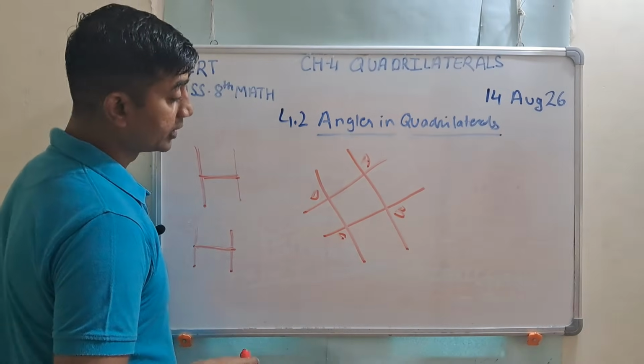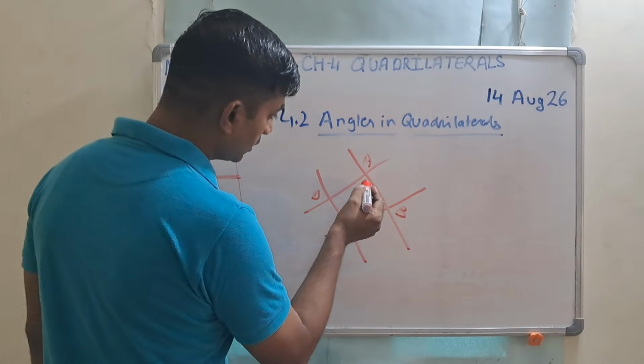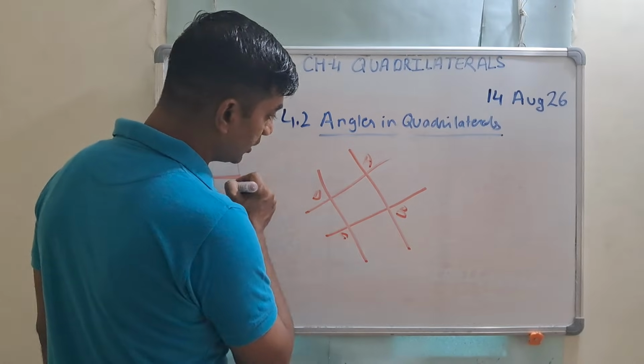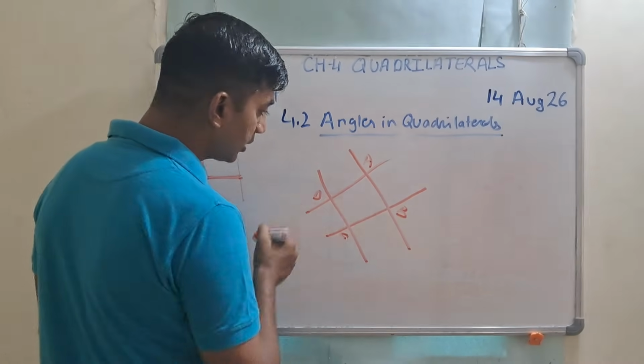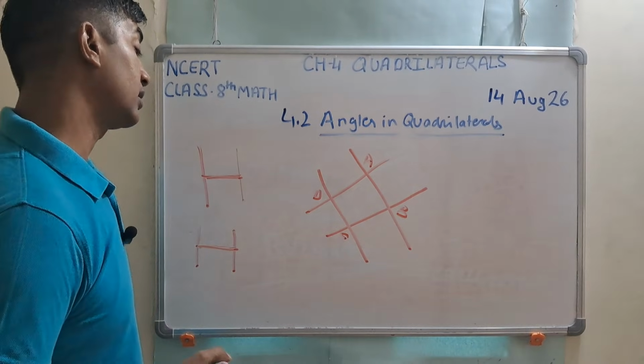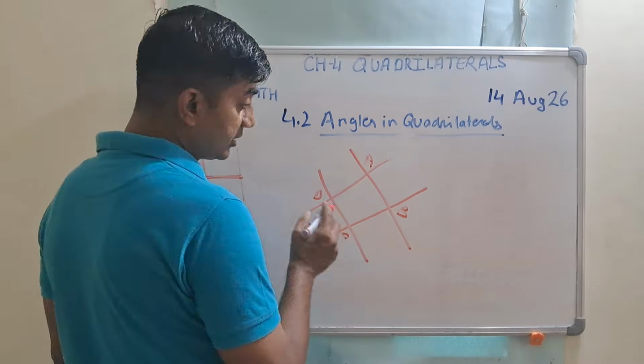Also, since the distance between them is equal, this is a case of a square. Understood? This is the case of a square. Now, how can you say that this is the case of a square?